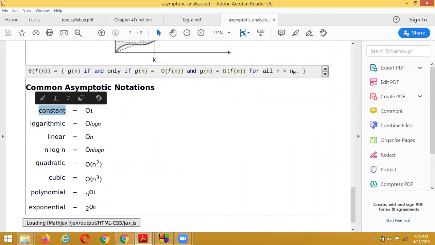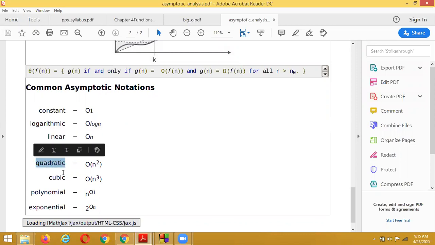Log n as logarithmic. And n as linear. N log n we indicate as n log n itself. N square as quadratic. N power cube as cubic. And n power k as polynomial. 2 power n we indicate as exponential.